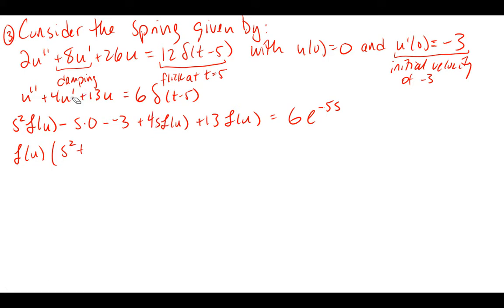Sorry about that, right? The Laplace of u prime is s times Laplace of u. So 4s and 13. Now then, it turned out to be a positive 3 after all is said and done. I'm going to put that on the other side, so I'll leave that alone. And if I put it on the other side, my positive 3 on the left becomes a minus 3 on the right.